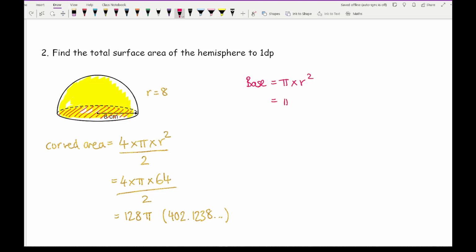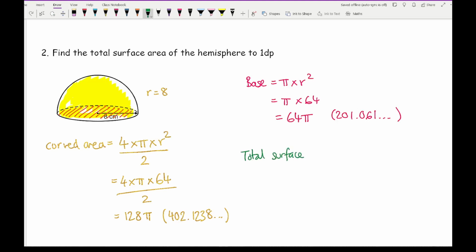So here it's going to be pi times 64, and so it's 64 pi. So then working out, and again I could leave it in terms of pi, or I could write down the decimal equivalent, which is 201.061 and so on.